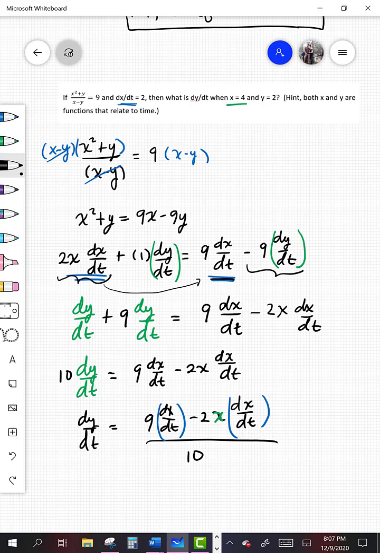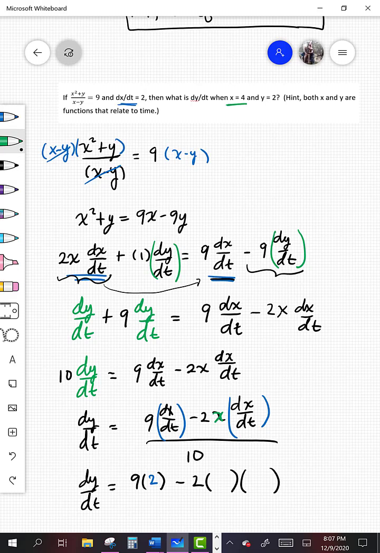So let's plug in what we know. We have dy/dt is equal to 9 times dx/dt, which we're given was 2, minus 2 times x, which we're given is 4, times dx/dt, which again we're given is 2, all over 10.